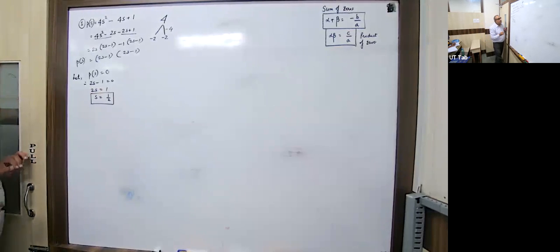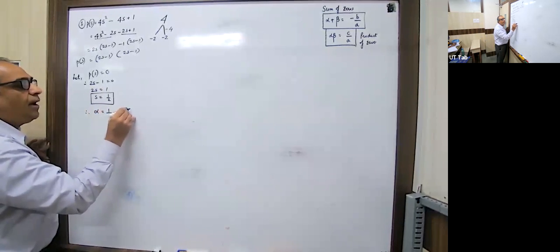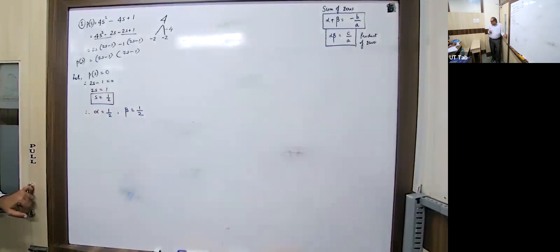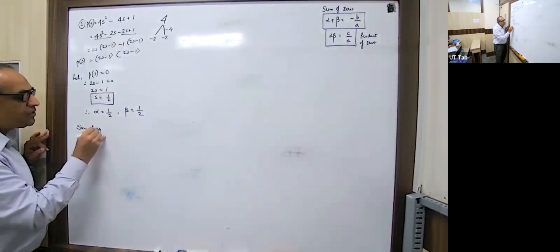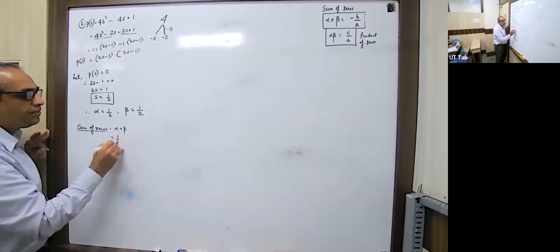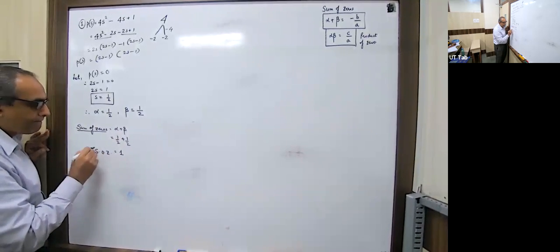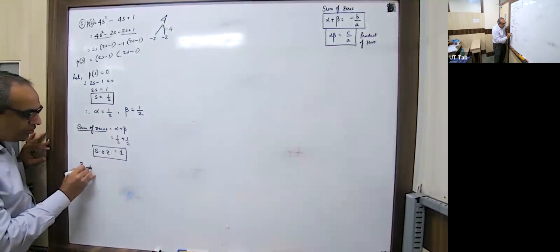Yes or no? Therefore, my alpha is also half. My beta is also half. Now, I will write sum of zeros. Product of zeros.